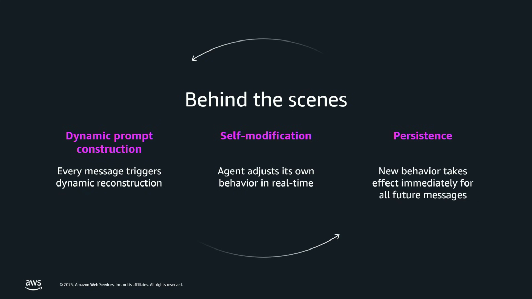The third piece is persistence. You need to persist that version of the system prompt somewhere. This is crucial for the agents and the sub-agents your agent will create so they can keep the context going. We will be talking about agents creating their sub-agents.